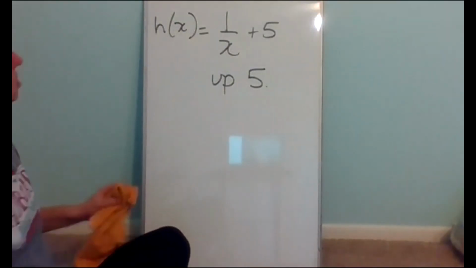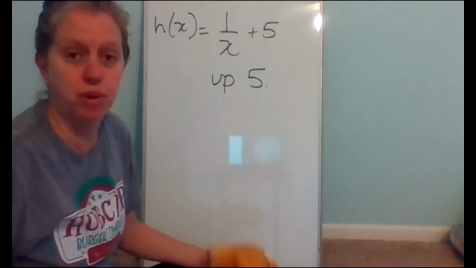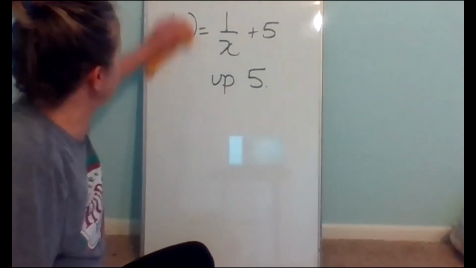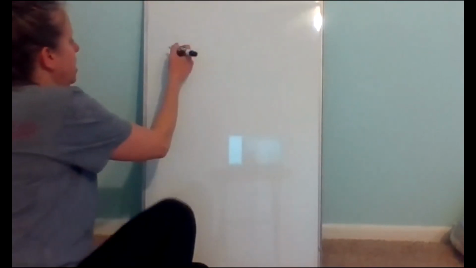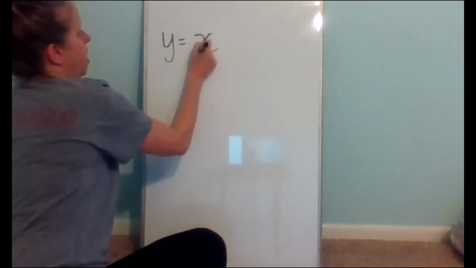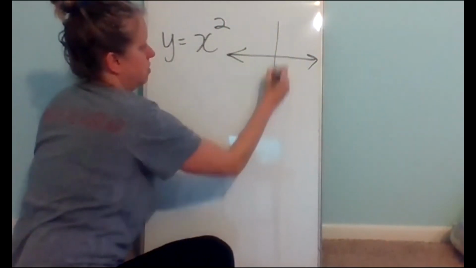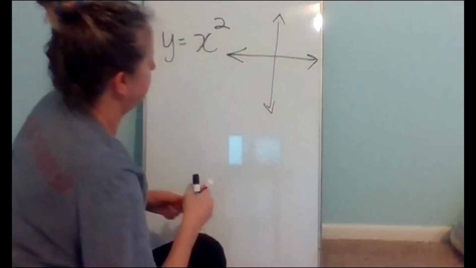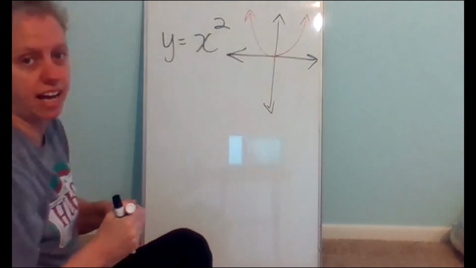Okay, now sometimes graphs are flipped upside down, and we've seen this before this semester. What flips those upside down is that negative. So if we had y equals x squared, it would be a graph that looks like that.